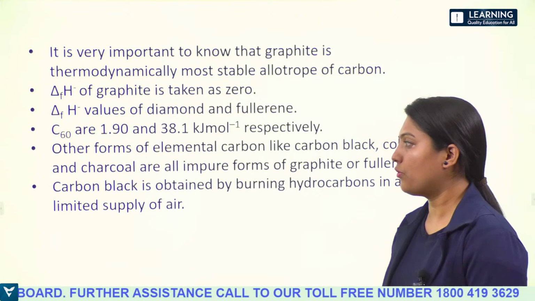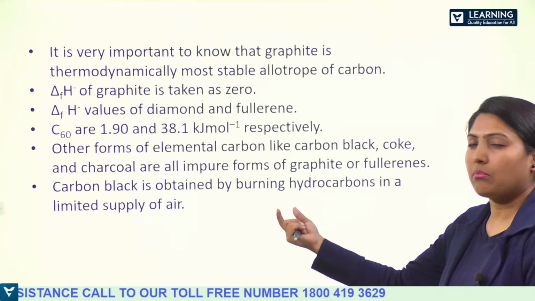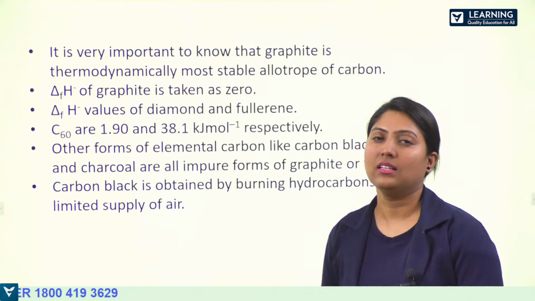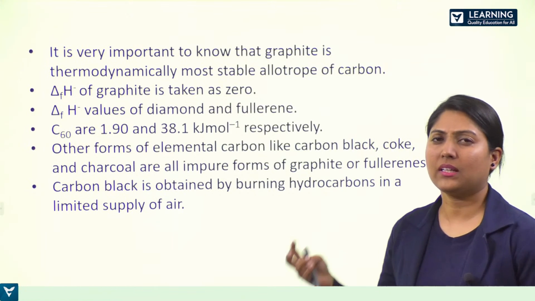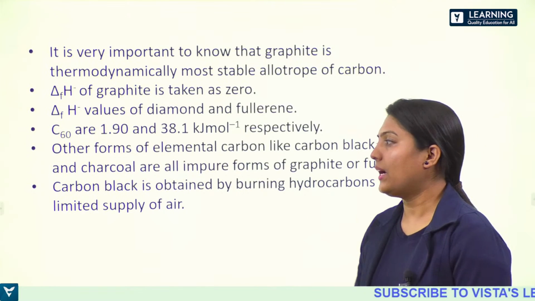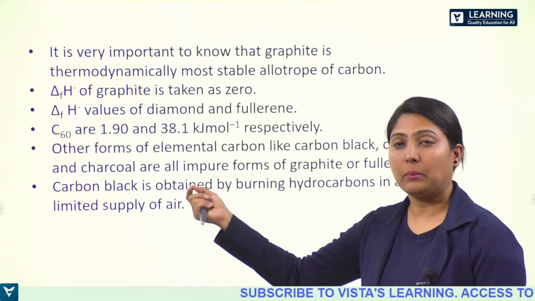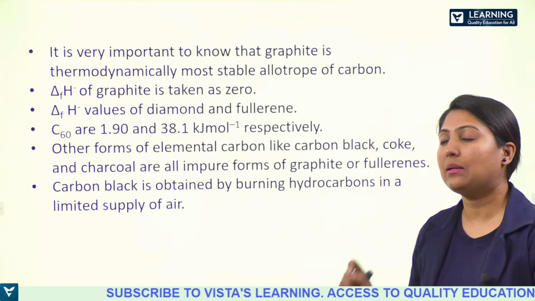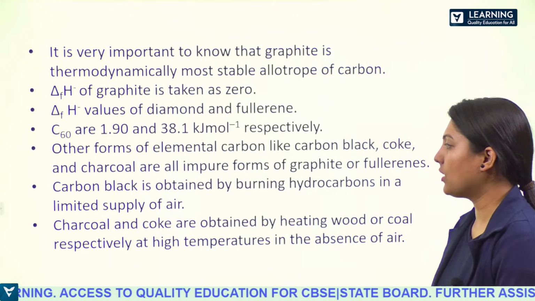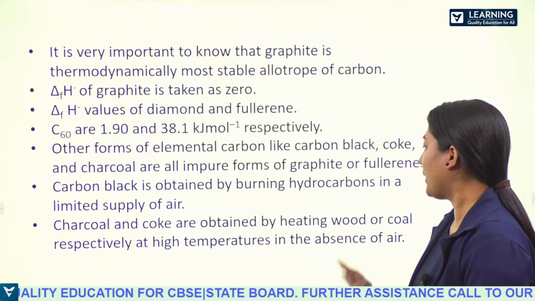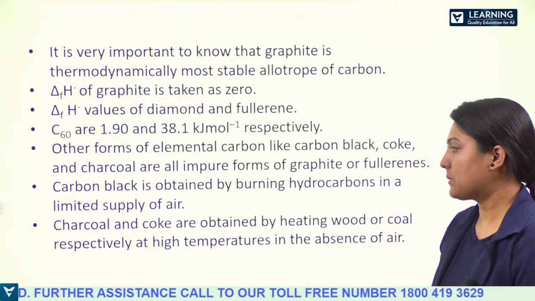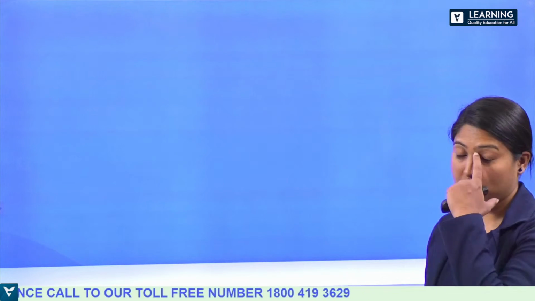They are impure forms. Carbon black is obtained by burning hydrocarbons. Hydrocarbons we will study in the next chapter. Hydrogen and carbon combining together to form a molecule will be called hydrocarbons. That gives you carbon black when you supply a limited supply of oxygen or air. Charcoal and coke are obtained by heating wood or coal respectively at a higher temperature in absence of air.